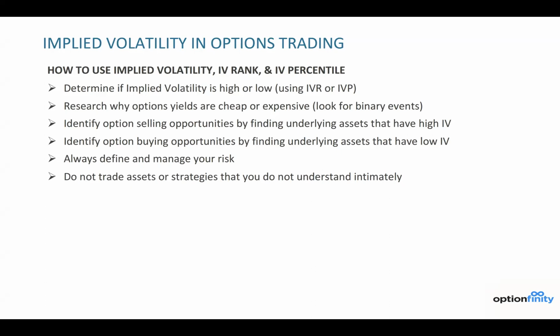I've had a lot of questions surrounding certain names where someone sees an opportunity to sell some cash secured puts or covered calls, for example, or an iron condor that yields a high return on the strategy, with decent probability, but they don't delve into why the IV is so high. And oftentimes they might miss a key event like earnings, for example, or an FDA decision, or some kind of competitor earnings, right? That's a key thing to look at as well.